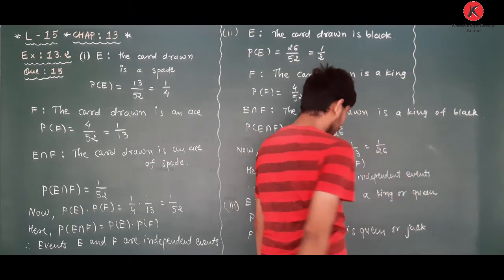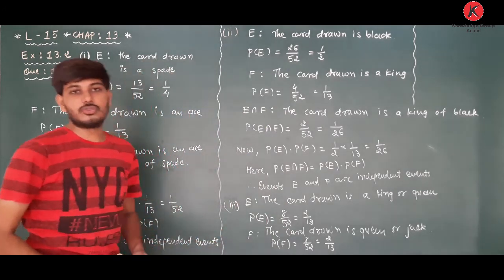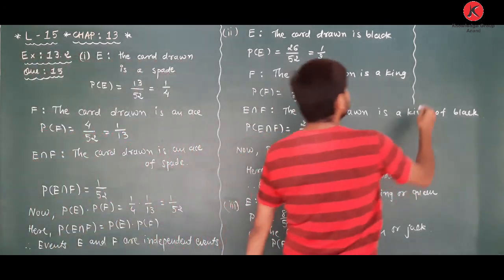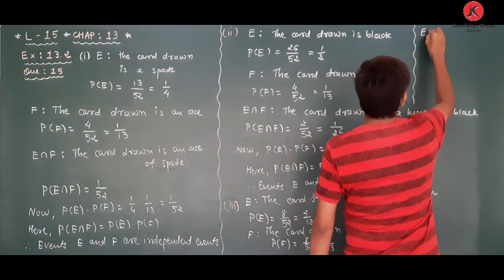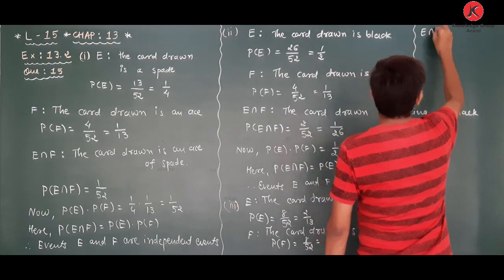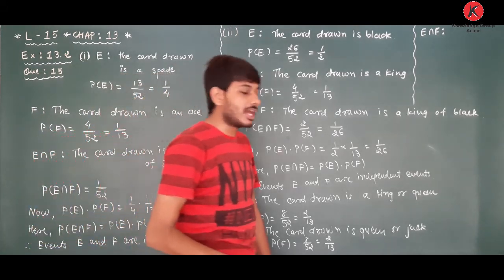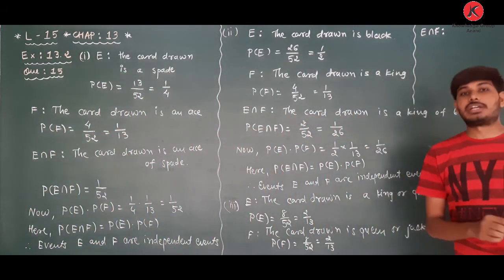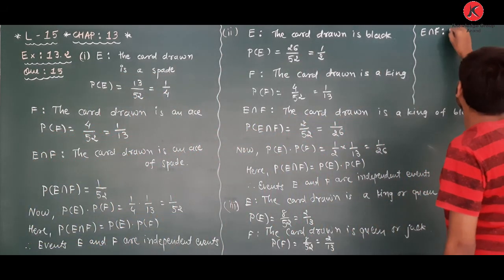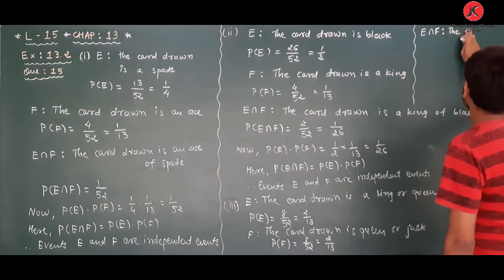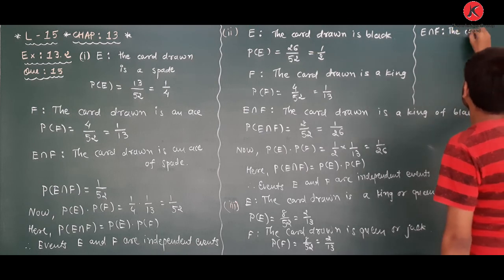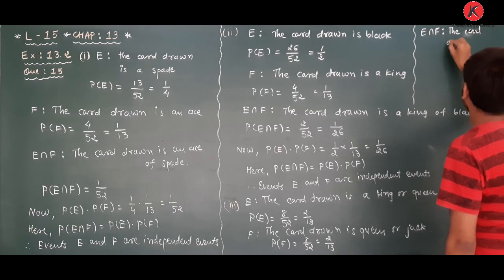Now we can calculate the intersection of both the events, E intersection F. Let's consider the intersection of both events: king or queen in one, queen or jack in the other. In the intersection only the queen will come, so the card drawn is a queen.